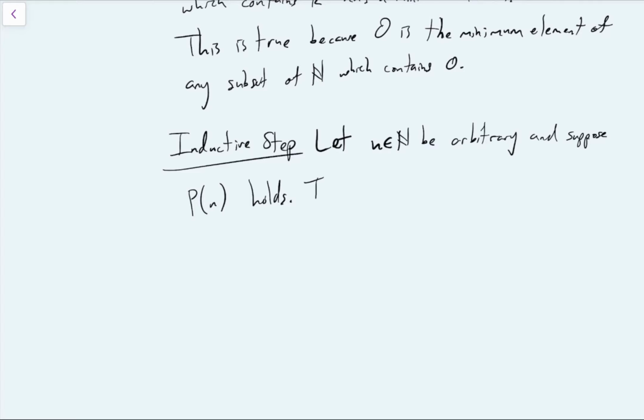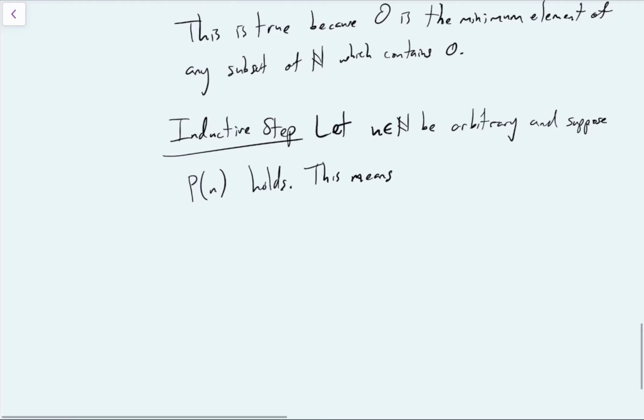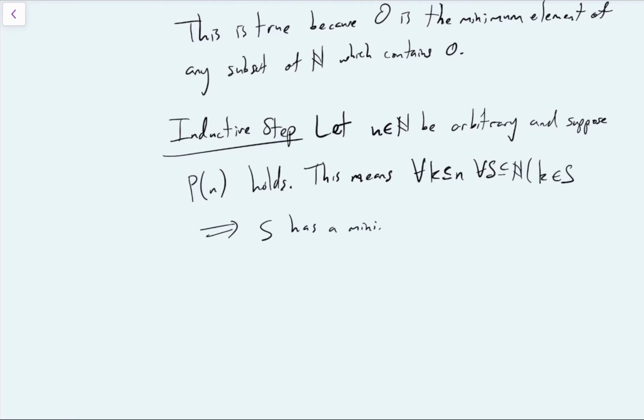So this means that for all k less than or equal to n, I say it like this, for all subsets S of n, if k is an element of S, then S has a minimum element. Right, that's just a rephrasing of what P of n says. P of n says that for all k less than or equal to n, every subset of n which contains little k has a minimum element. That's all we have there.